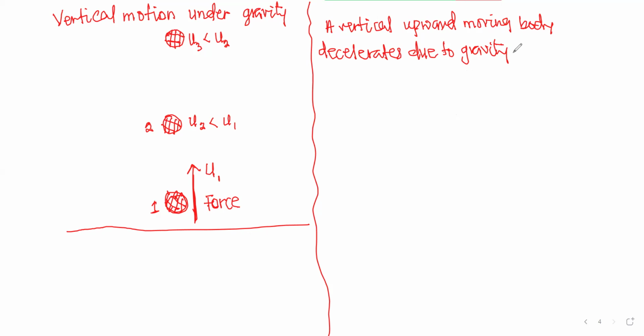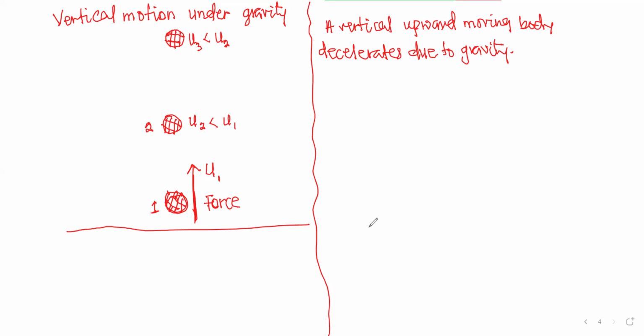So the object will decelerate, and at a certain point in its flight, the velocity would be reduced to 0. At the time where the velocity is 0, the object is said to have reached its maximum height. So the object, when projected to go up, will reach its maximum height at the time where its velocity is reduced to 0. Are we okay?